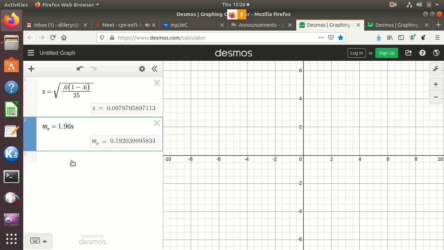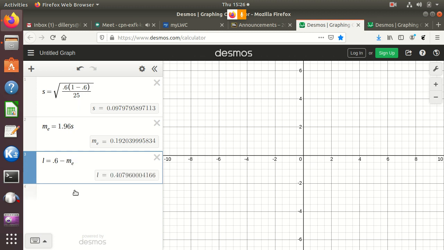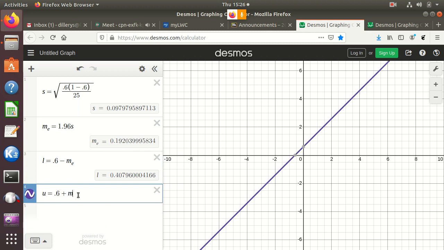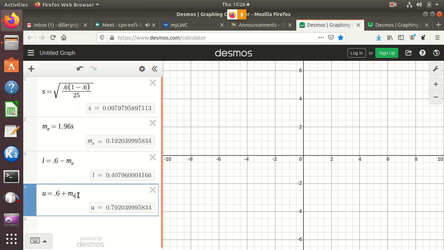And so then I could create my lower bound, I'll call it L, equal to 0.6 minus the margin of error. And it's a little more than 0.4. And then my upper bound is 0.6 plus my margin of error, and almost 0.8. So I can get those that way.